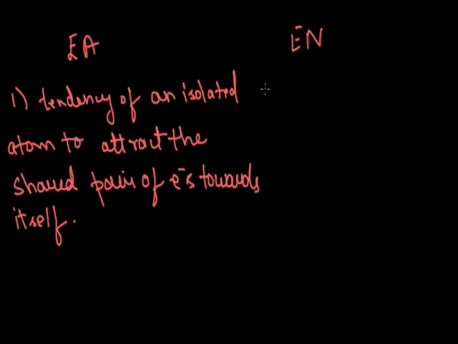But what is EN? EN is the tendency of an atom in a combined state to attract the electrons towards itself. Means this is in a combined state, and EA was in an isolated state.